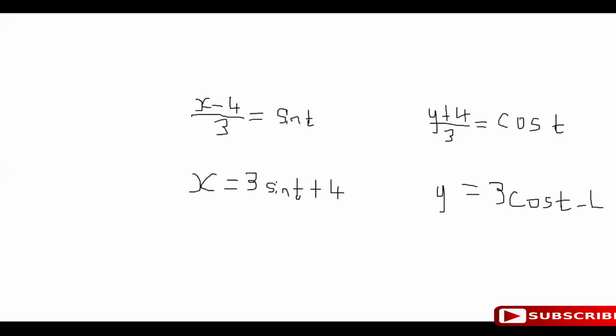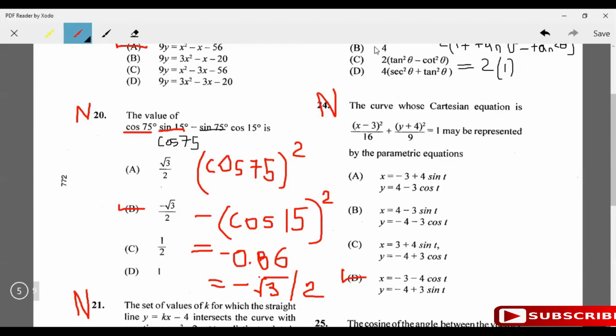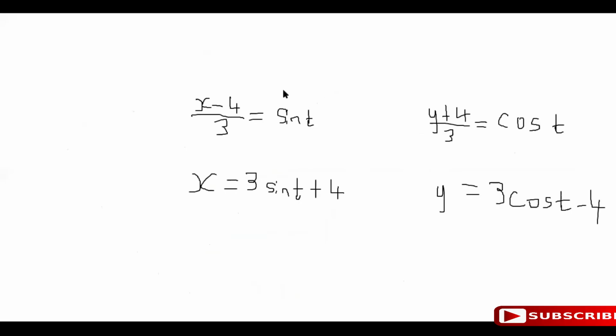Whoa, this question, that is actually true as well. 3 sine t plus 4 and 3 cos t minus 4. Is that what we got? We got 3 sine t plus 4.